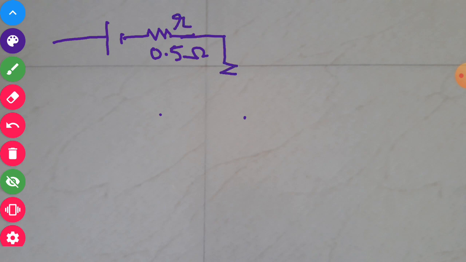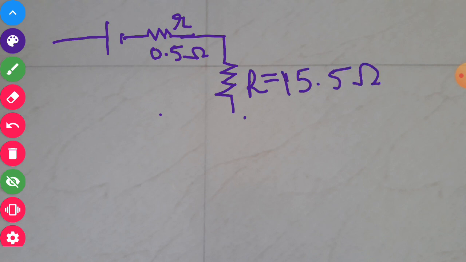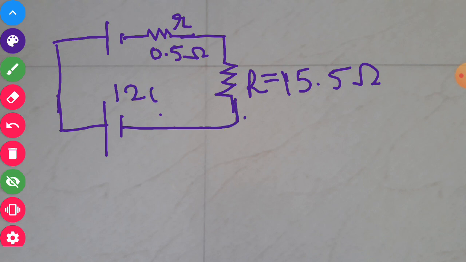Then another resistance to control the current is kept, external resistance R, whose value is 15.5 ohm. Here another big battery to charge, whose value is 120 volt. Charging is done when positive is connected to positive, negative to negative. So this is the charging condition.